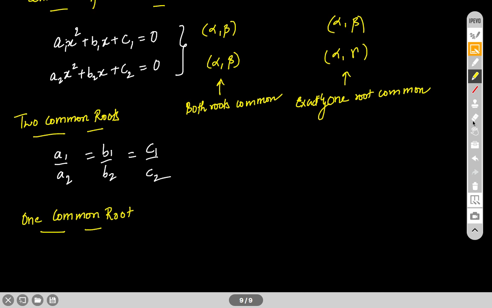Let's say alpha is the common root. So alpha will satisfy both the equations.